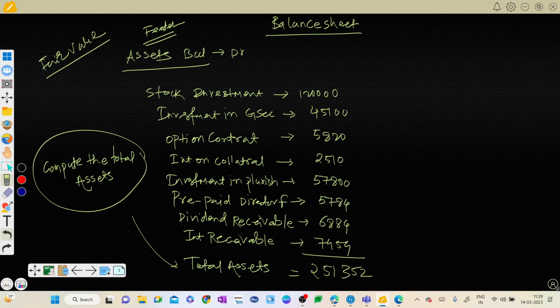And at the moment, the total liabilities that we have, if you see in the first or second statement, is the given total outstanding units.